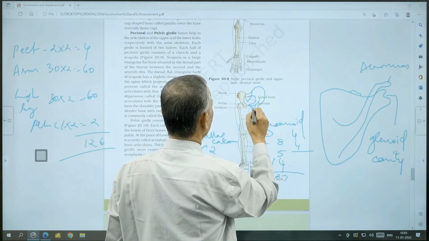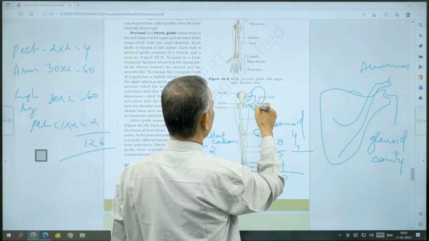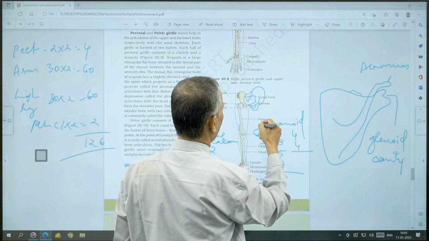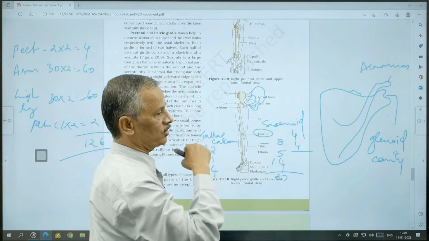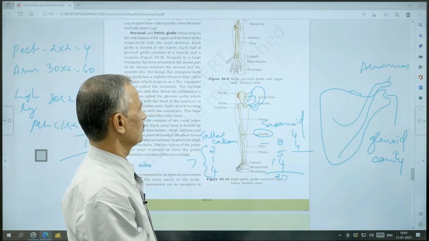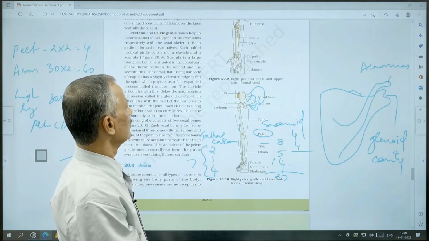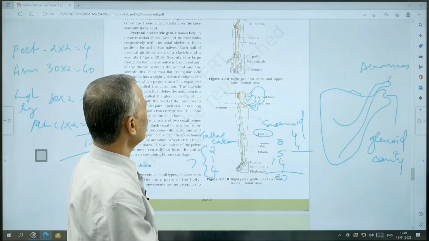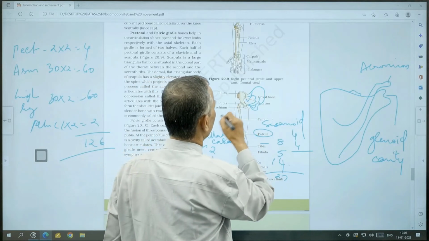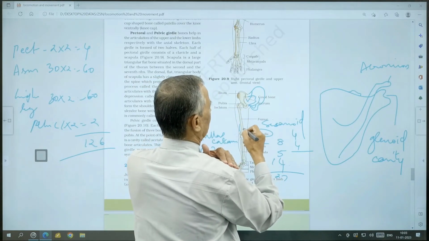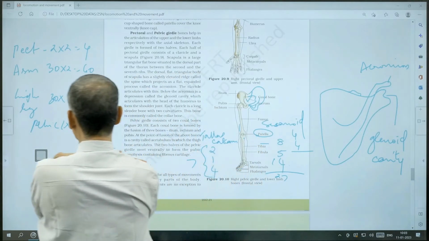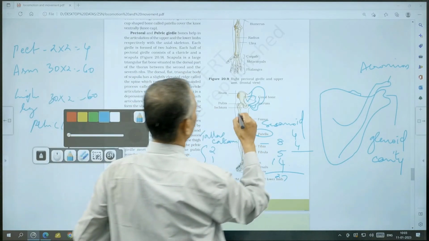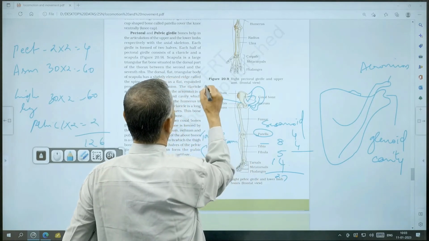Similarly, you have ischia. Between the pubis and ischium, you have a characteristic opening, a gap called the obturator foramen. So we have three bones, and at the joint of the three bones, you have a cavity, a depression. That depression is called the acetabulum.